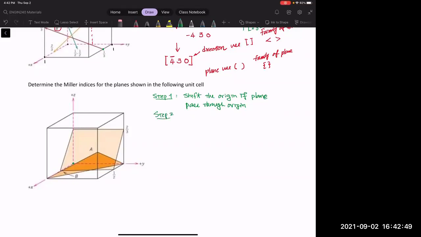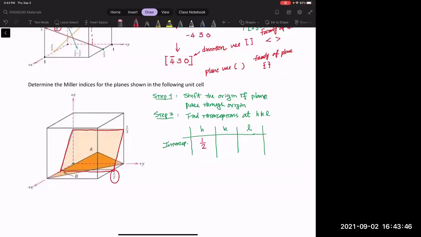Step two is to find the intersections. The intersections for the HKL are the intersections with X, Y, and Z. So the intersections for plane A: in the X direction, the intersection is 1/2.